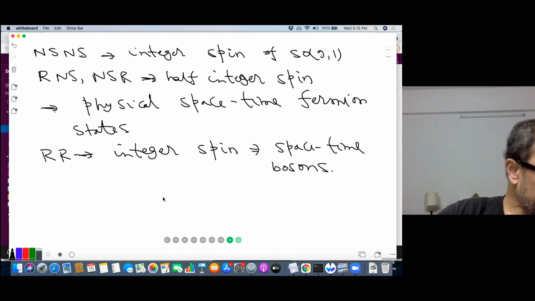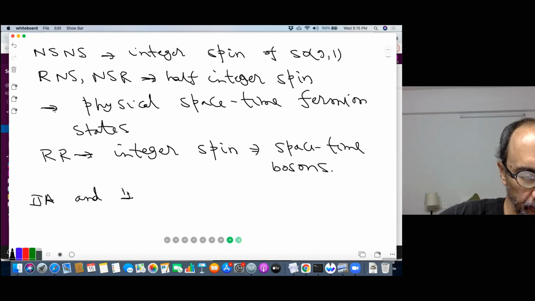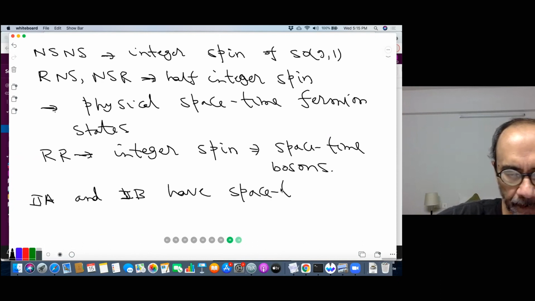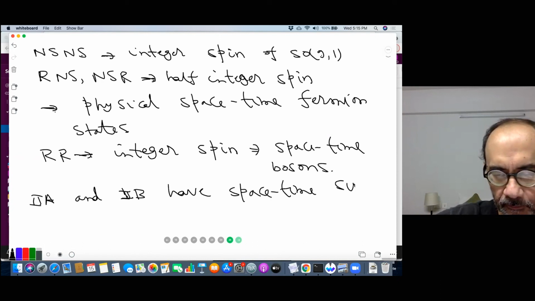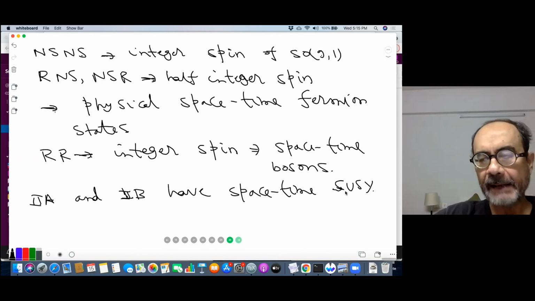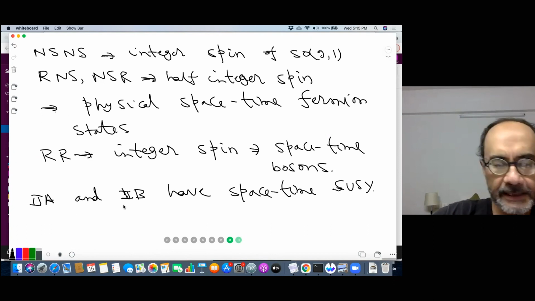Now I'll just state a fact which I'll not prove explicitly, that both 2A and 2B theories have space-time supersymmetry. I'll not prove this, but at least next time we'll see some evidence for this.